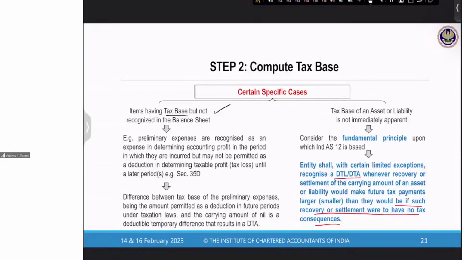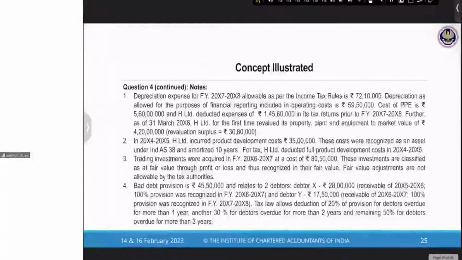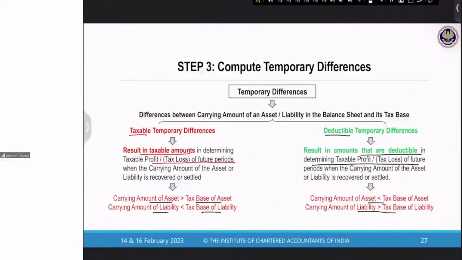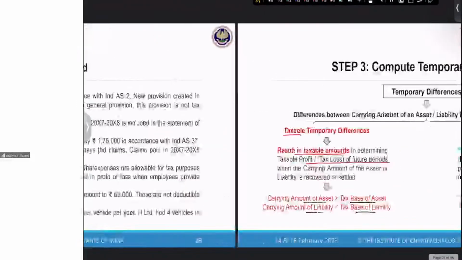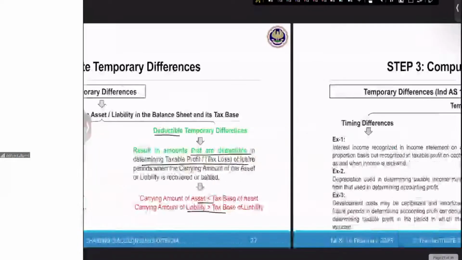So in most of the cases they may be the same, but in some cases you could be having differences, and we have to categorize them as temporary differences or non-temporary differences. If I have temporary differences, I will classify them as taxable temporary differences or deductible temporary differences. Taxable gives rise to a deferred tax liability, whereas deductible gives rise to a deferred tax asset.